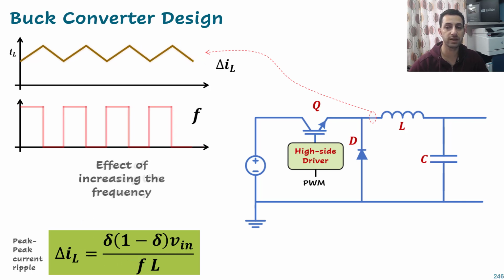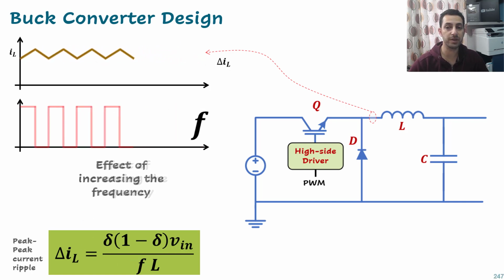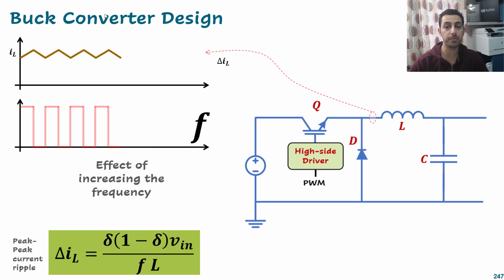And this is what we're going to see here: the ripple decreasing in amplitude, and also in frequency, because the frequency of the ripple is the same as your switching frequency. The amplitude also decreased compared with the previous one, which is this one. So this is one thing you need to consider in the design. If you want to decrease your ripple, you can increase your frequency.